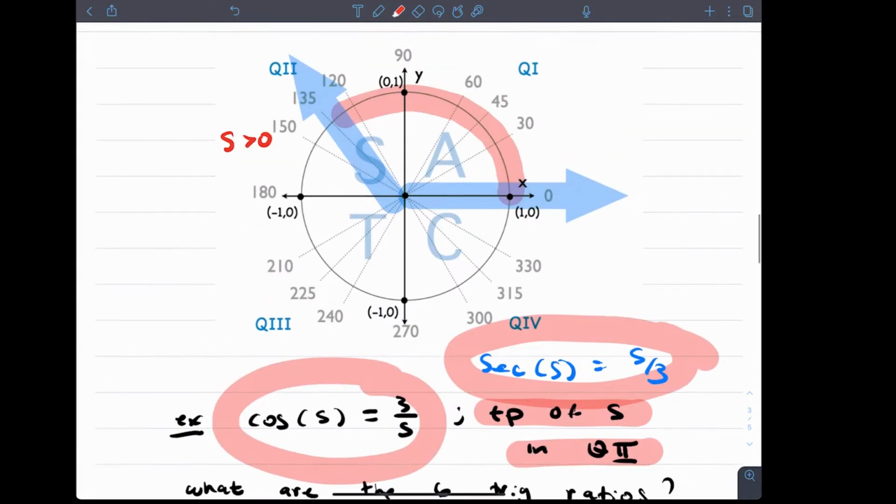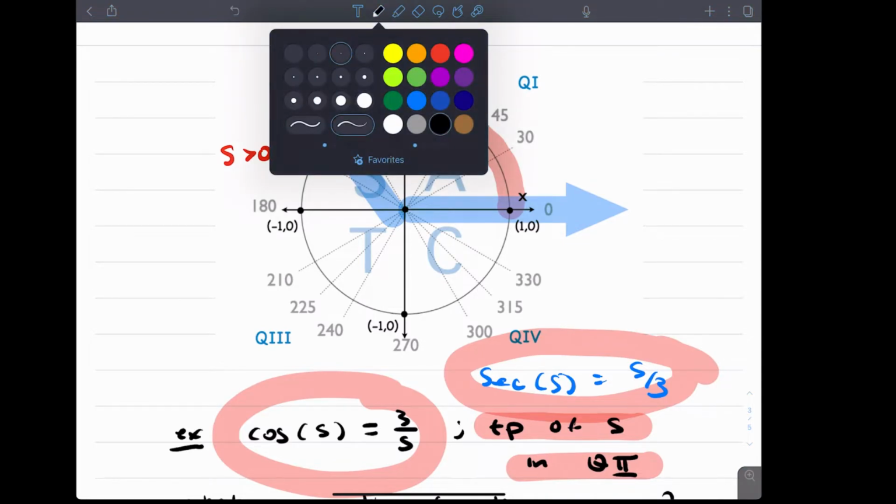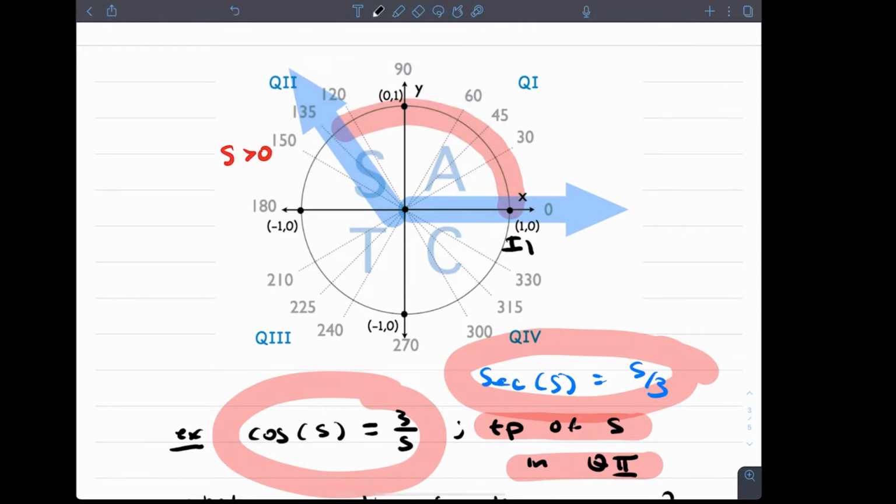Yes. So the question said the terminal point is in the second quadrant, right? But the cosine is positive. This is the initial point, and then this is the terminal point. Is that right?